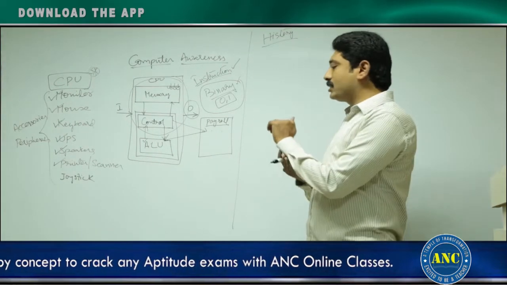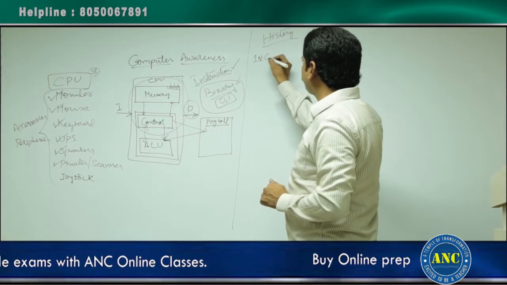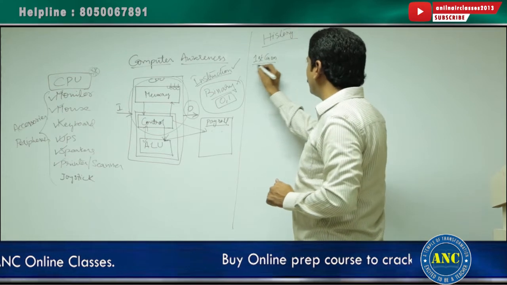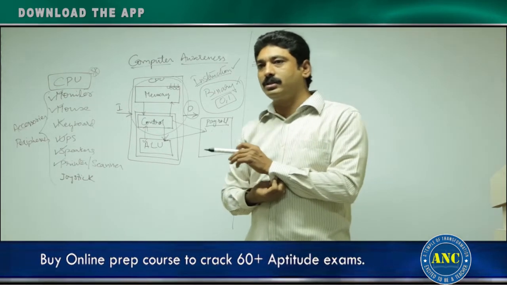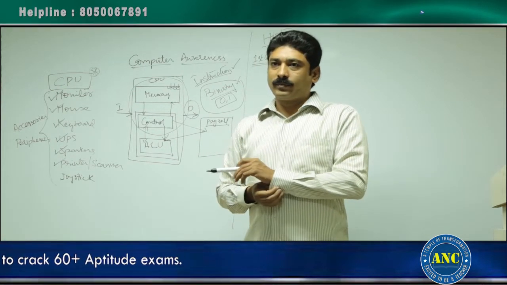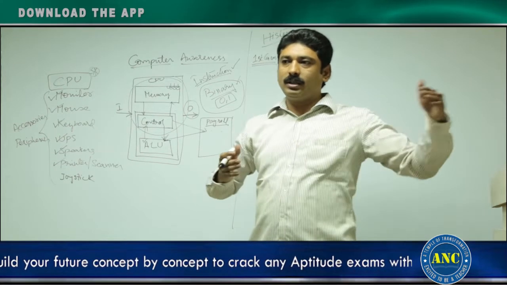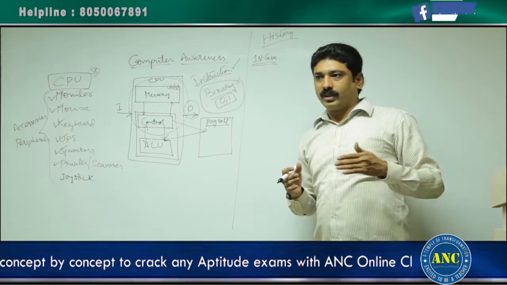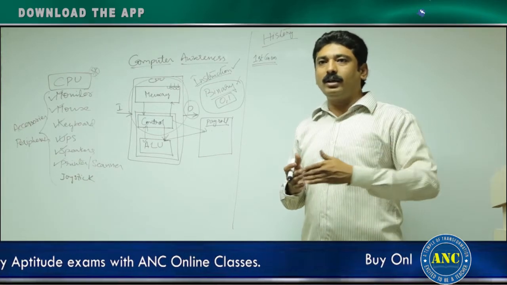Okay. Now, once the computer was invented, the first generation computers used vacuum tube technology, right? So why vacuum tube? So that there is no medium to disturb your electricity and also the data. It is the best way to propagate data and electricity.